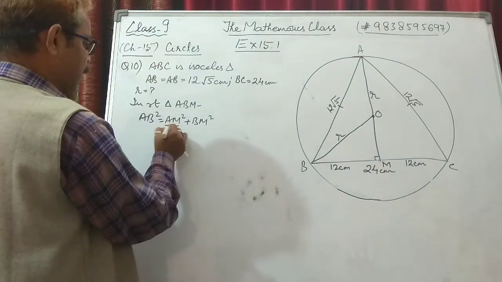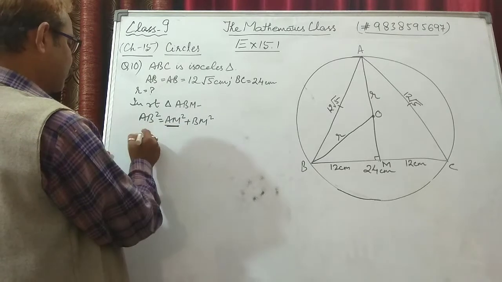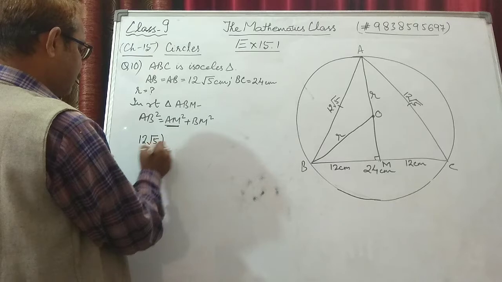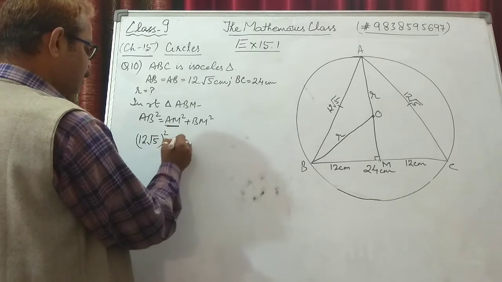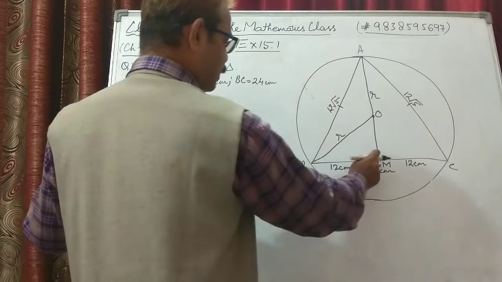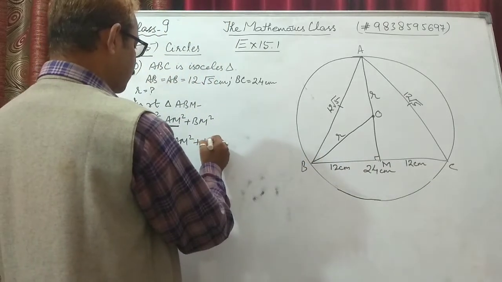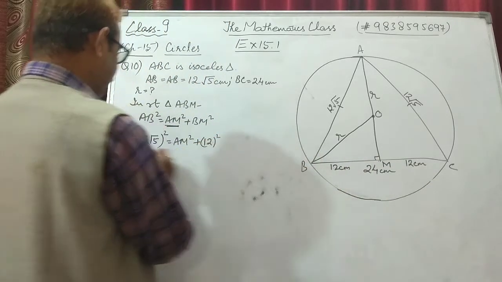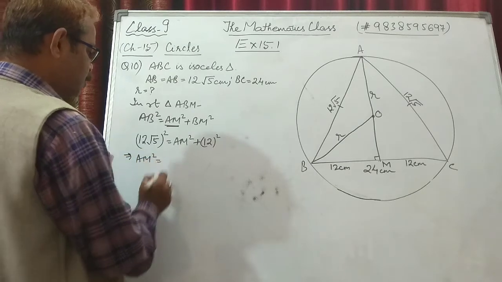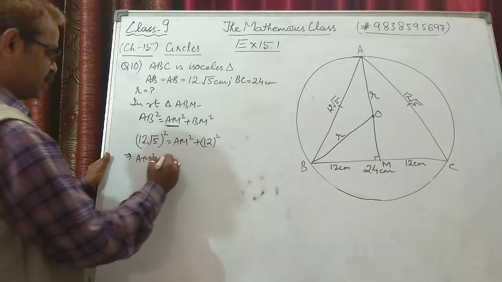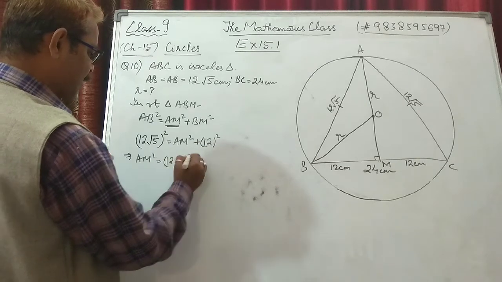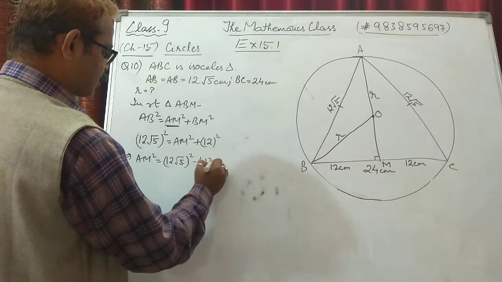AB is given 12 root 5, so we will write 12 root 5 whole square is equal to AM square plus BM is 12 centimeters, so 12 square. This implies that AM square is equal to this minus this, or 12 under root 5 square minus 12 square.